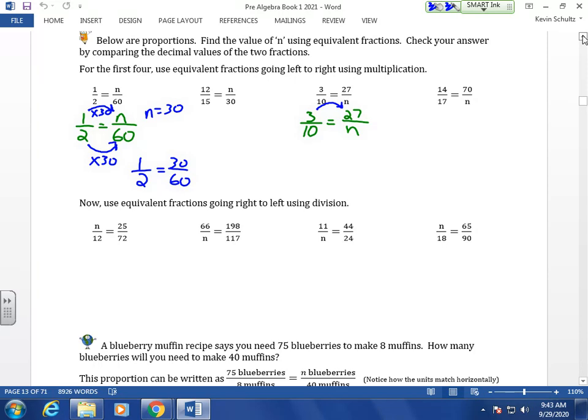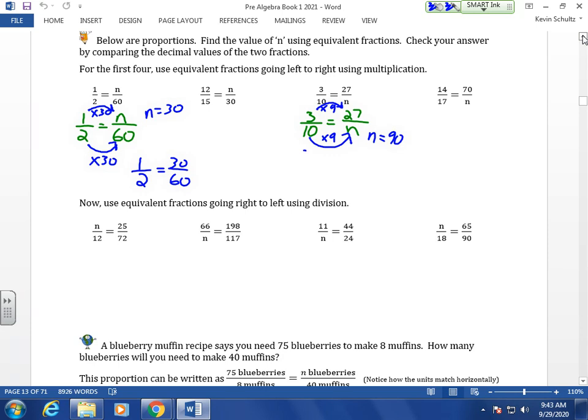So what did we do to 3 to get to 27? Multiply by 9. That means we're going to be also multiplying 10 by 9. And n is going to equal 90. Okay? Using those equivalent fractions to solve proportions.